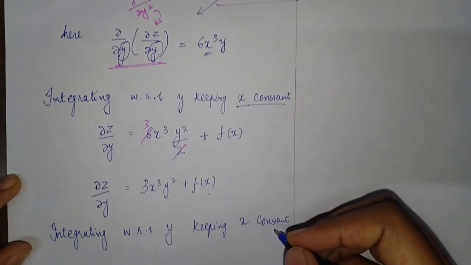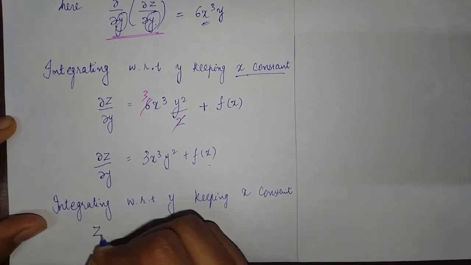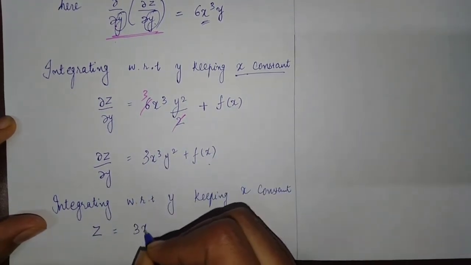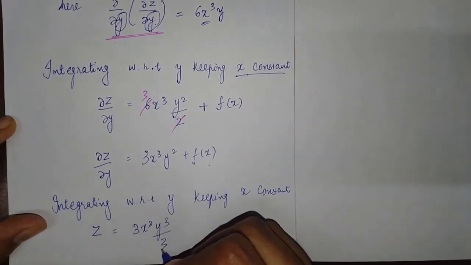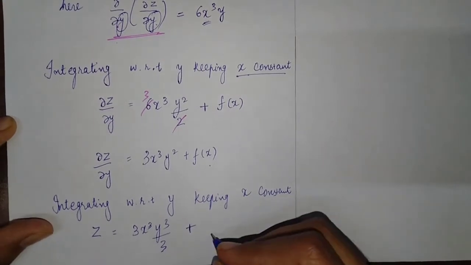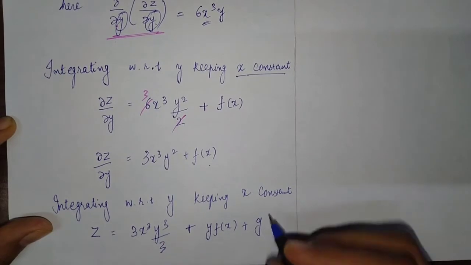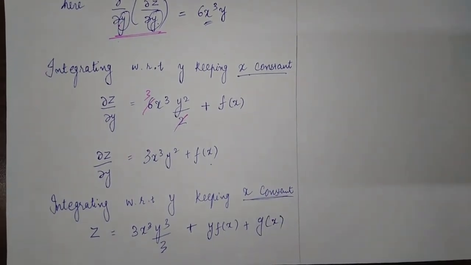Okay. So we will get del z by del y, what will be its integration? z equal to 3x cube will remain as it is, and integration of y square will be y cube by 3 plus y into f of x plus again the constant term you have to add, so it is g of x. Integration of f of x will be y into f of x.